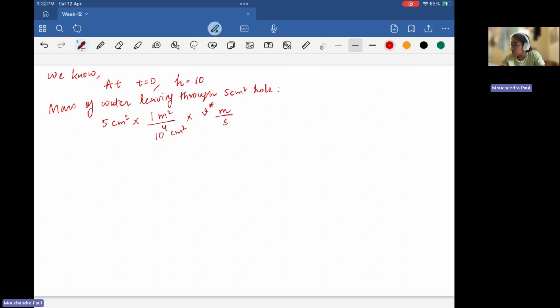V star is the average velocity of the water leaving the tank through this hole.